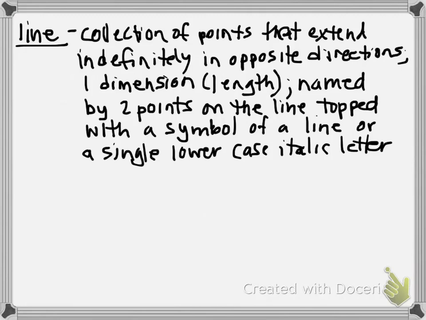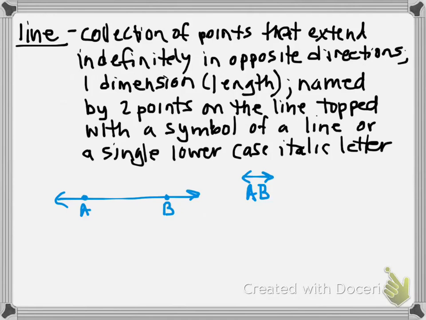Now, if I have here, I'm doing a different color, and I just arbitrarily take 2 points on that line, and we'll call it point A and point B. If I want to name that line, my two options, option 1, is to write the 2 points and then put a symbol of a line on the top.